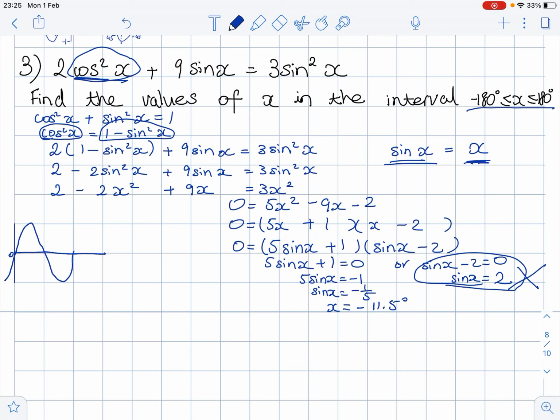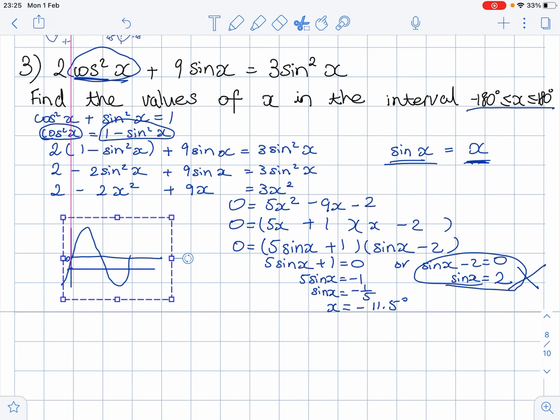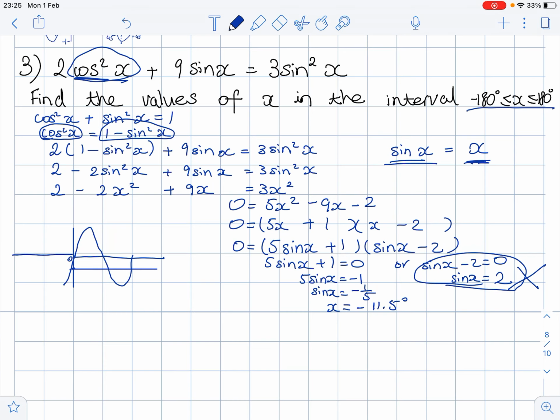So this is 0. So we have sin x equals minus 1 over 5. So this is approximately here, let's say. And we know that it repeats every 360 degrees. But in this question, we're actually interested in the negative part.